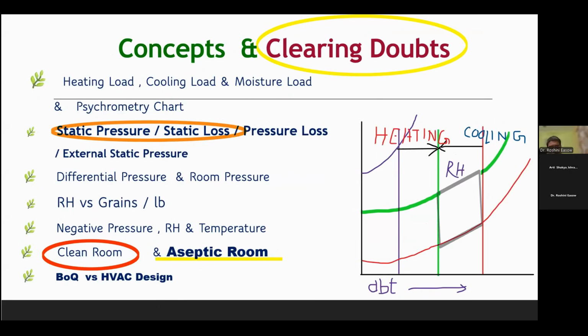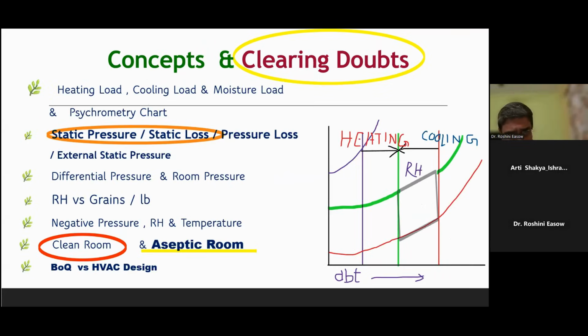I'm not going into details on this part because you have already discussed static pressure and static loss. This is a very important thing in the design, where I explained what static pressure actually means. Differential pressure and room pressure I have also explained, but when I discuss surgery room design, the differential pressure and room pressure will come again, so I will explain once more.